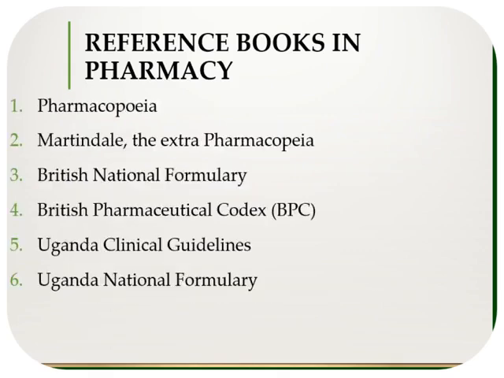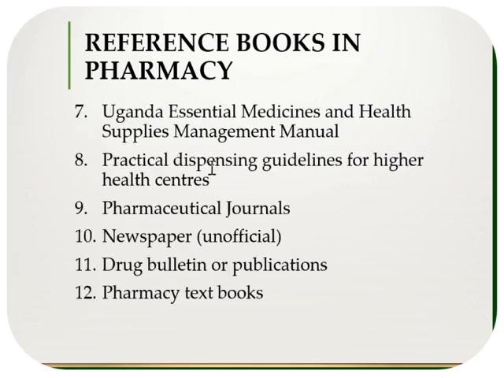These reference books are many. We have the pharmacopoeias, extra pharmacopoeia, BPC, BNF, the British National Formulary, British Pharmaceutical Codex, Uganda Clinical Guidelines, Uganda National Formulary, which is this one, Essential Medicine List of Uganda, Practical Dispensing and Guidelines, the journals, newspapers, which are unofficial, drug bulletin, pharmacy textbooks.